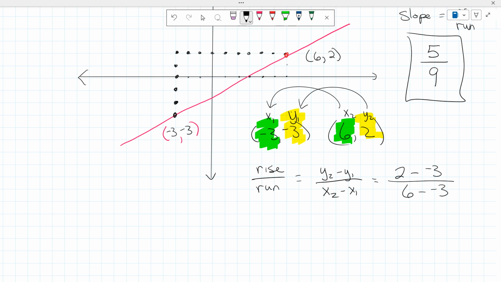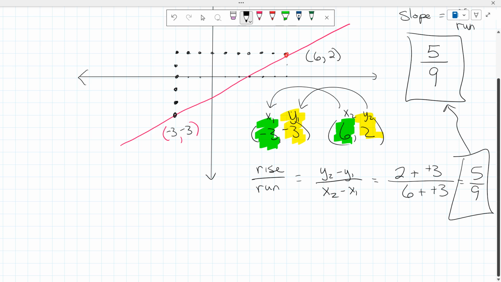What's minus a negative? Is minus a negative the same as plus a negative? No, it's plus a positive. Minus a negative is plus a positive, we get, hey, look, 5/9, the same as we got when we did rise over run. So you should get the same thing.